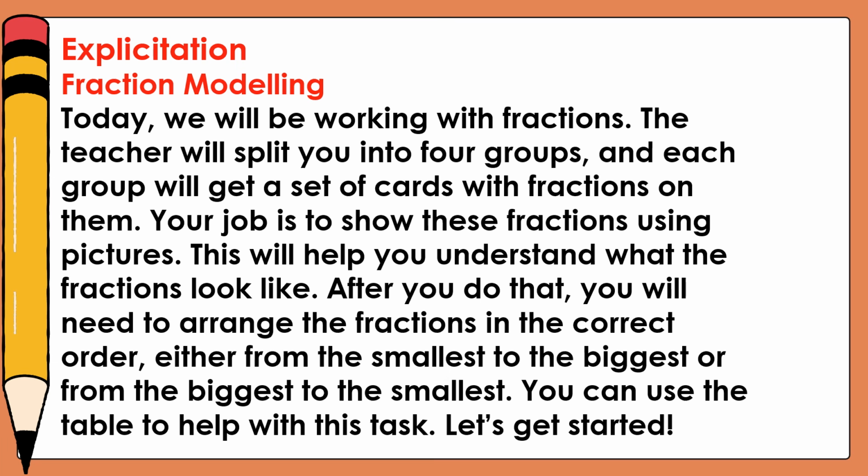Your job is to show these fractions using pictures. This will help you understand what the fractions look like. After you do that, you will need to arrange the fractions in the correct order, either from the smallest to the biggest or the biggest to the smallest. You can use the table to help with this task. Let's get started.